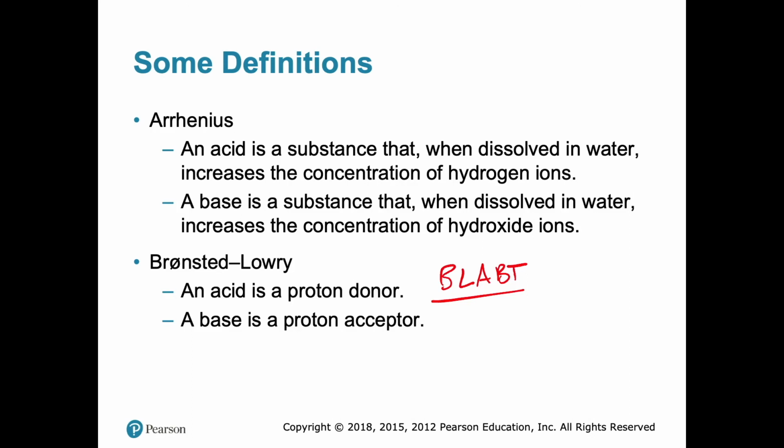So it still fits with Arrhenius theory, even though we don't talk about hydroxides in BLABT. One more time: an acid is a proton donor, and a base is a proton acceptor.